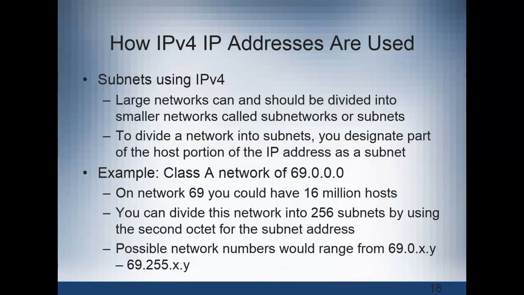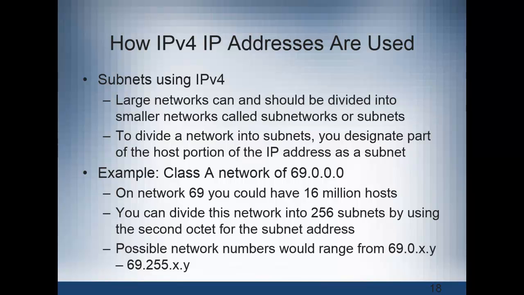To divide a network into subnets, you just designate part of the host portion of the IP address as a subnet. If you look at this example here, we have the first octet of this IP address, 69.0.0.0. 69 is the network, and the last three octets are used for host addresses.